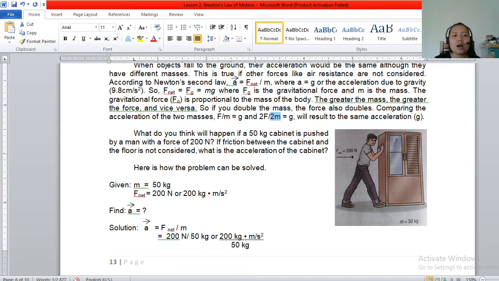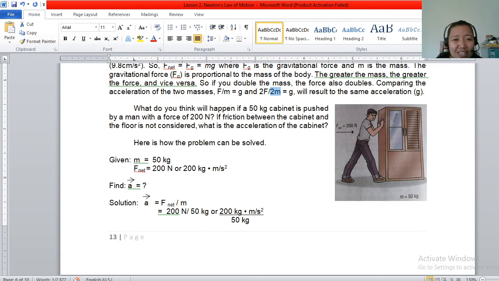Okay. So, we have more problem solving involved in the law of acceleration, the second law of Isaac Newton. Here is an example. This is our illustration. What do you think will happen if a 50-kilogram cabinet is pushed by a man with a force of 200 Newton?